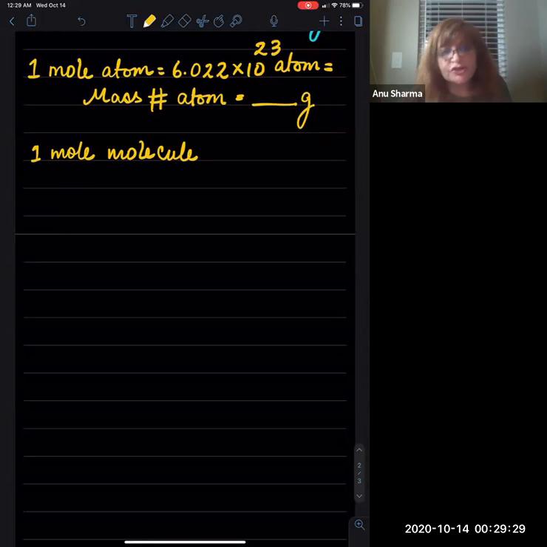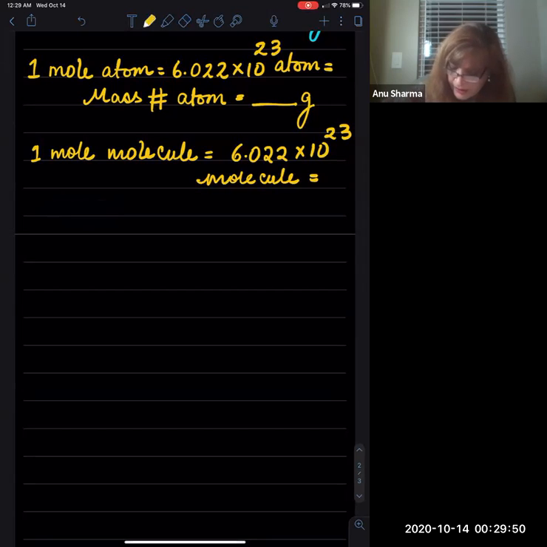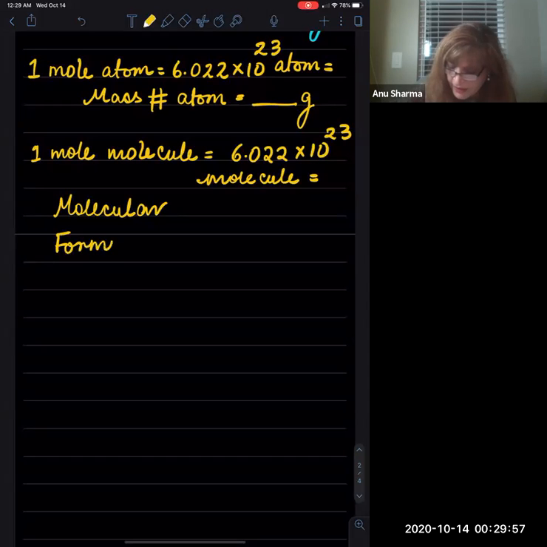Now we are not using the formula mass or the molecular mass, but 1 mole of a molecule is the Avogadro's number of the molecule, and this is going to be equal to the weight of that molecule, or the mass of the molecule. You can just write down here the molecular mass or the formula mass, depending upon what we are using.